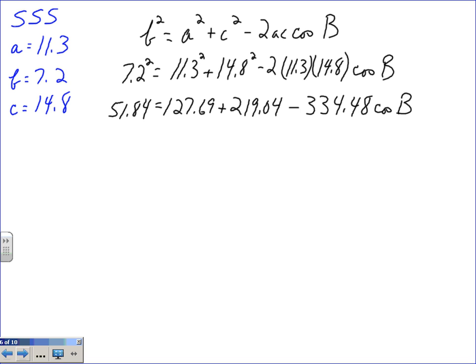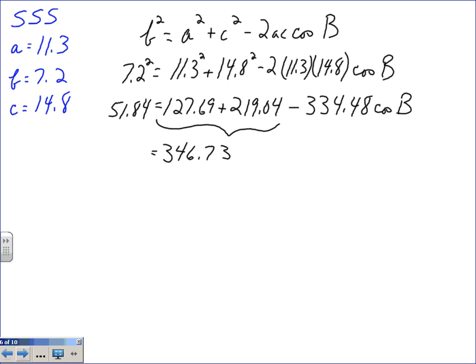The tendency when you get to this point is to add in your calculator 127.69 plus 219.04 and then subtract the 334.48. You can't do that. They're not like terms. So let's add those two together. And you get 346.73, I think.